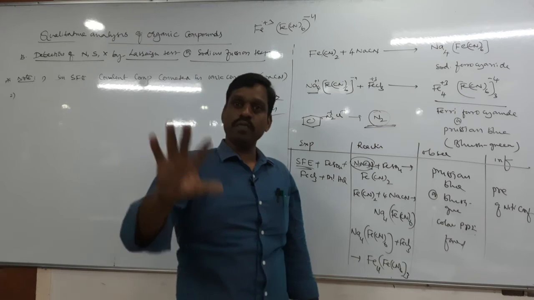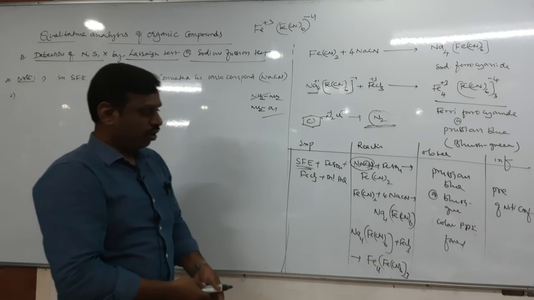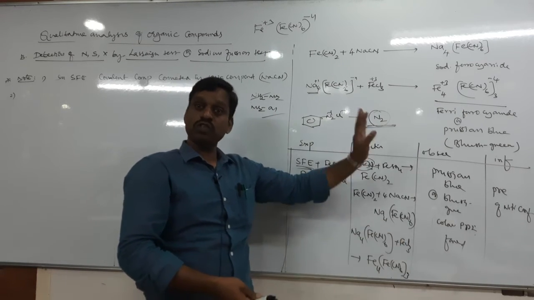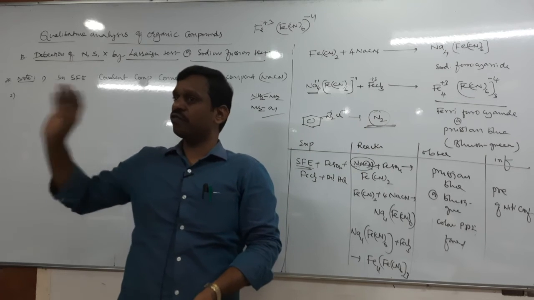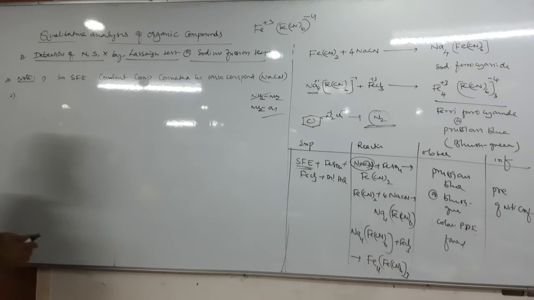So these are some important points. Questions can be expected from this. Everybody can remember these equations and the colors, but most of you get confused remembering these points. Okay, so the first point you understood. Second point, tell me.